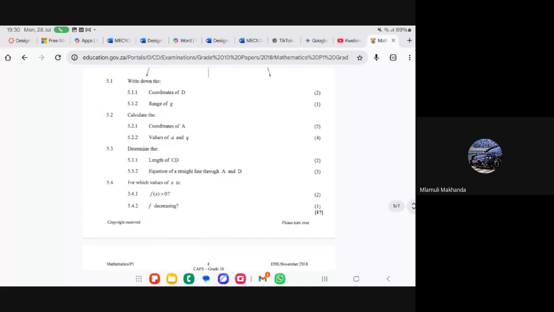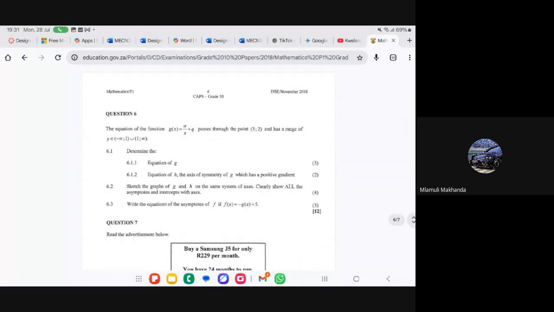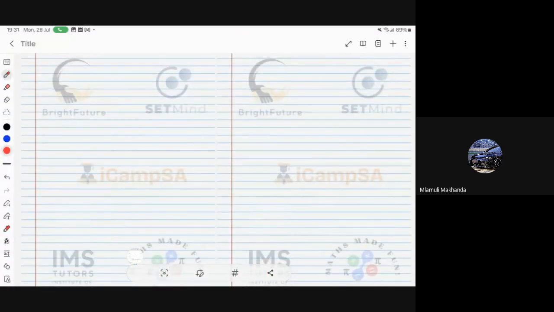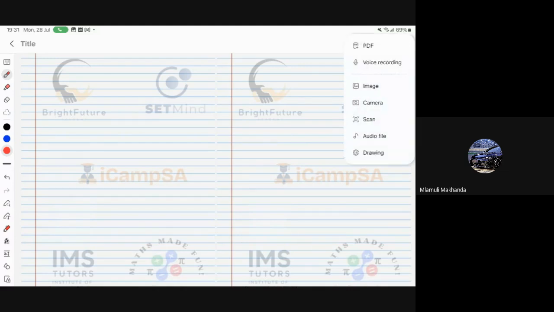And then question 5, and then also question 6. So if you know those basic things that we have just talked about right now, you would see that it becomes very easy to answer these questions, because it's basically what we have learned.